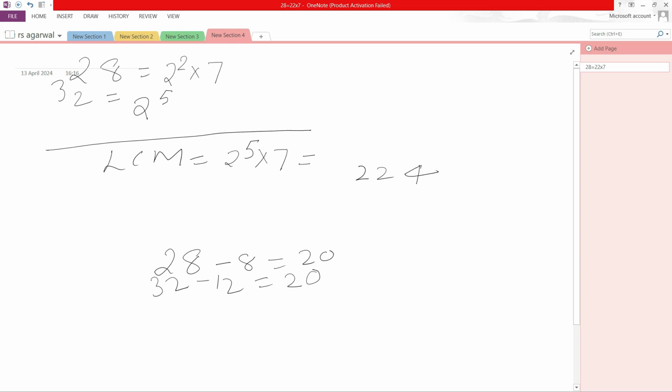If we reduce 224 by 20, we'll get the remainders 8 and 12. So 224 minus 20 equals 204. To verify, if we divide 204 by 28 and 32, we'll get the remainders 8 and 12 respectively.